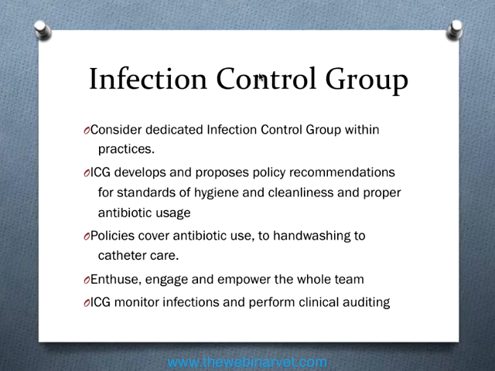So it's really worth looking at having this dedicated group of people that are responsible for proposing policy recommendations, and this group really wants to be someone that's interested in doing that job. I don't really see any point in deciding one day that Wendy, for example, is going to be the head of our infection control group, if that's not what Wendy's interested in. You want to try and pick staff on that group where this is their interest.